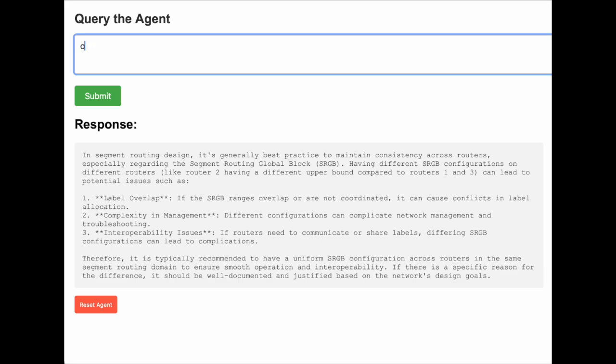Configure. Okay, I can configure a sub interface on router 1.